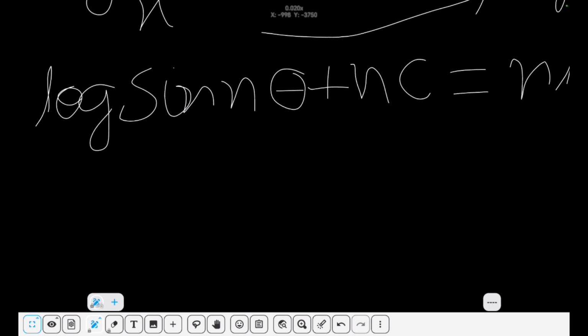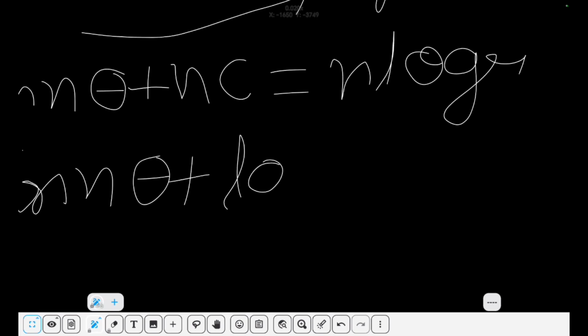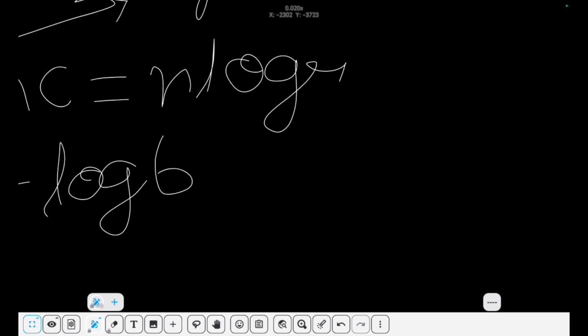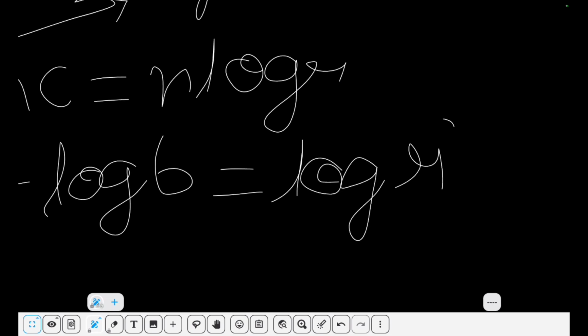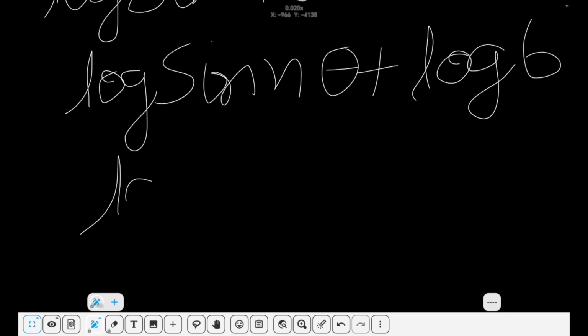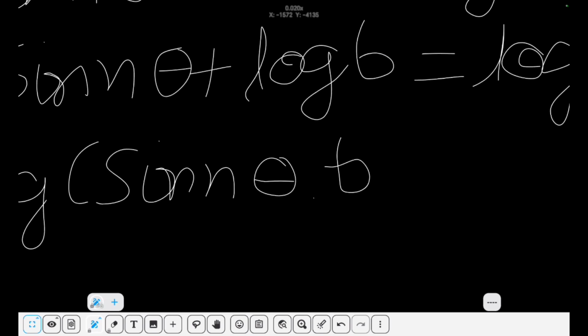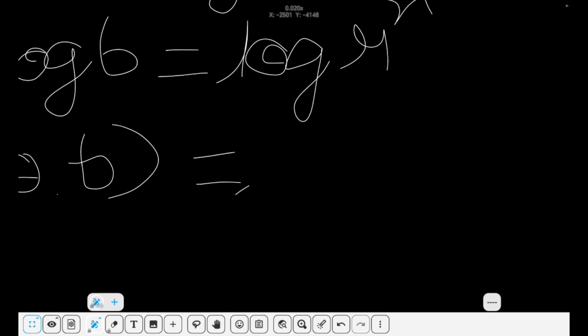Now I need to remove the log. Same like the previous problem, I take nc as log b where b is a constant, that equals log of sin n theta. n log r I can write as r power n. We can write log a plus log b as log of a into b, so log of sin n theta into b equals log of r power n.